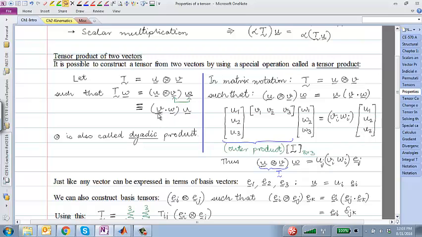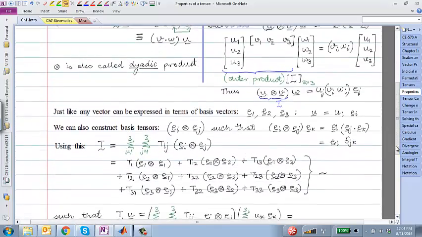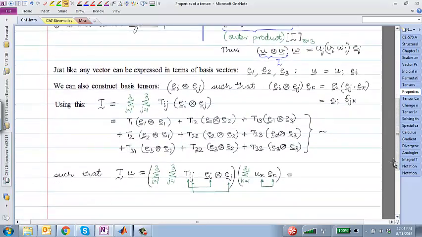All I'm doing is V dot W, this quantity in the parenthesis, which is the same quantity here, V dot W. What I'm left with is U. The vector U can be represented as UJ, EJ. Since EJ is a set of unit vectors, this equality now is valid, right? All right, so lots of these types of small properties and things that we'll use to learn about this initial notation as well.